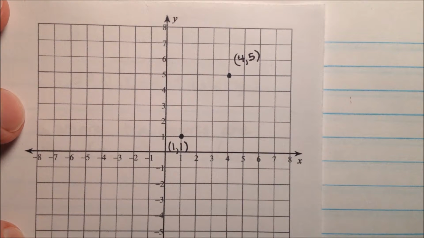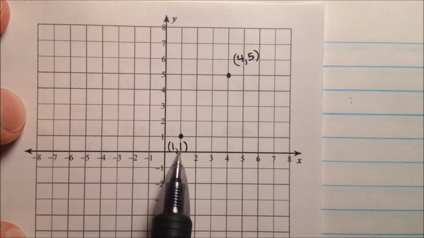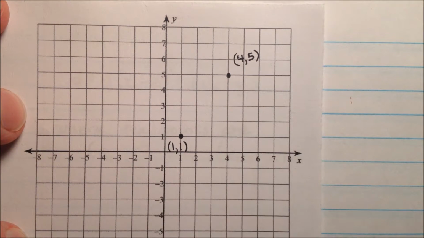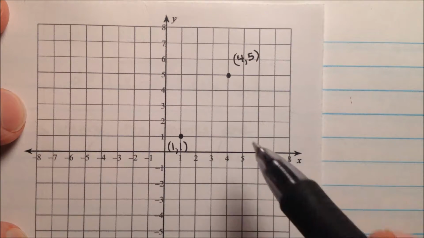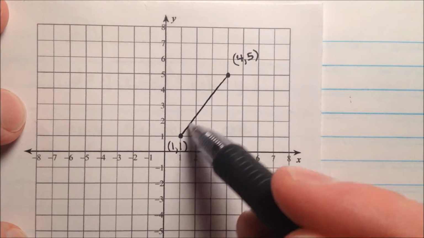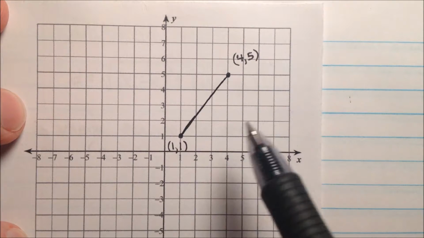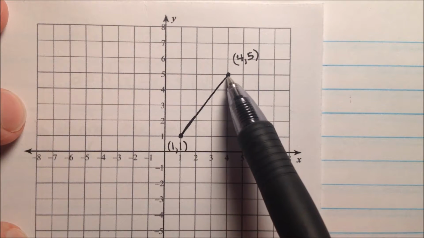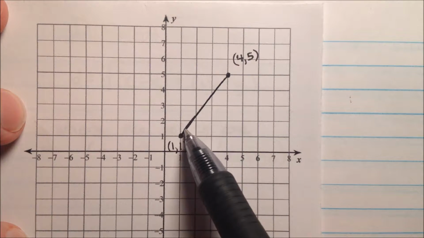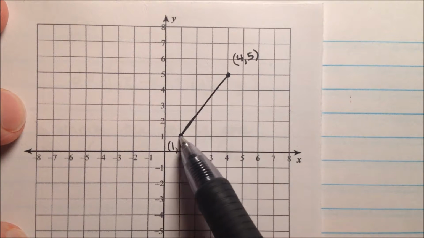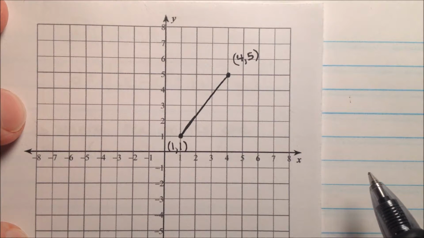So in this example, I have 2 points. I have 1, 1, and I have 4, 5 as my ordered pairs. So if I draw a line between these two and say, I want to find the distance here, it looks like it's not going to be a nice number. It doesn't follow along any grid lines, and it's certainly not anything that is obvious to me for a distance.